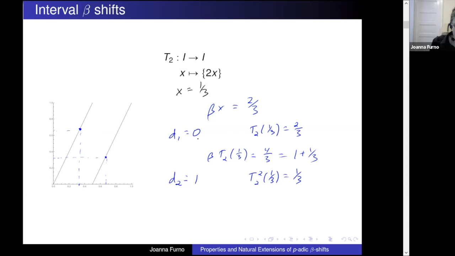So we can write out our sum from k equals 1 to infinity of d sub k over beta to the k. It looks like 0 over 2 plus 1 over 2 squared plus 0 over 2 to the third plus 1 over 2 to the fourth, and so on.